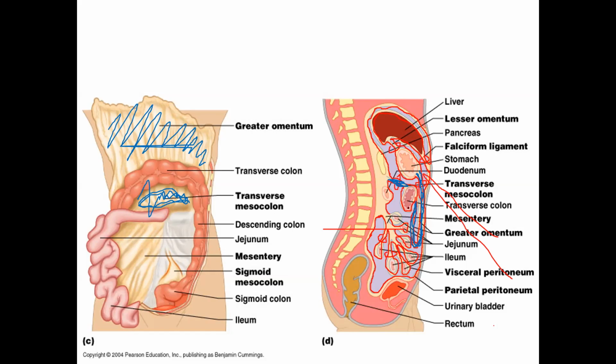The third one, the transverse mesocolon, connects the transverse colon to the posterior wall. Number four, the falciform ligament connects the liver to the anterior wall.